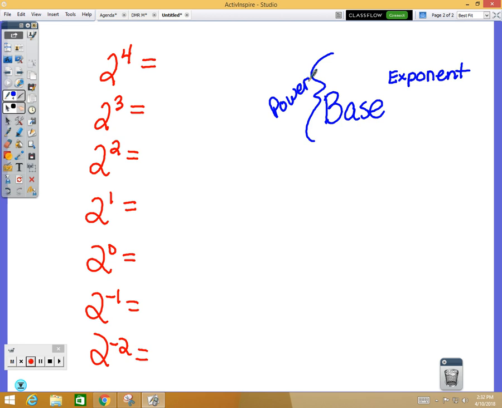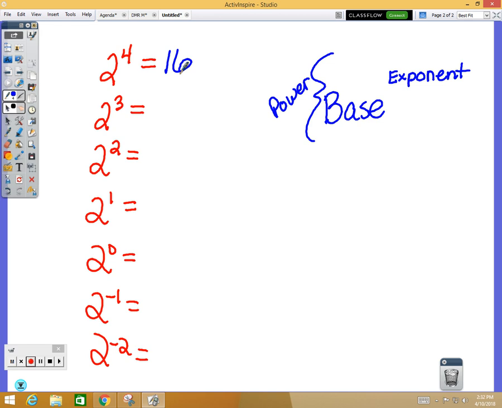So the base is the big number, the little number is your exponent, but both of them together make a power. So 2 to the 4th power means what? And what does that equal? 2 times 2 is 4, 4 times 2 is 8, 8 times 2 is 16.